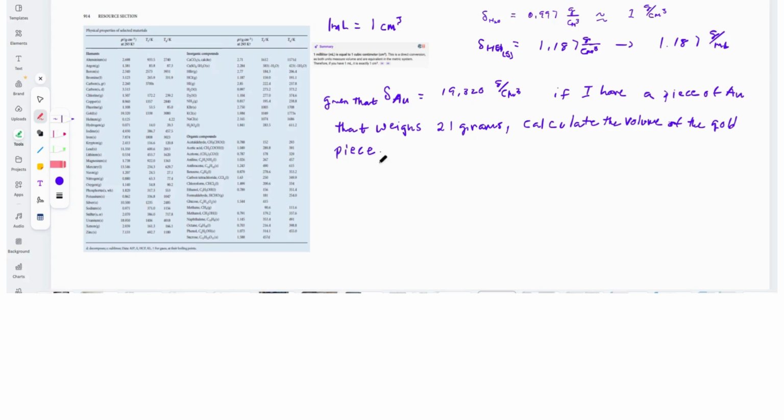So then what you would write out is, you know your density, because you know it's 19.3 grams per centimeter cubed. Yes. But here's what I'm getting at.